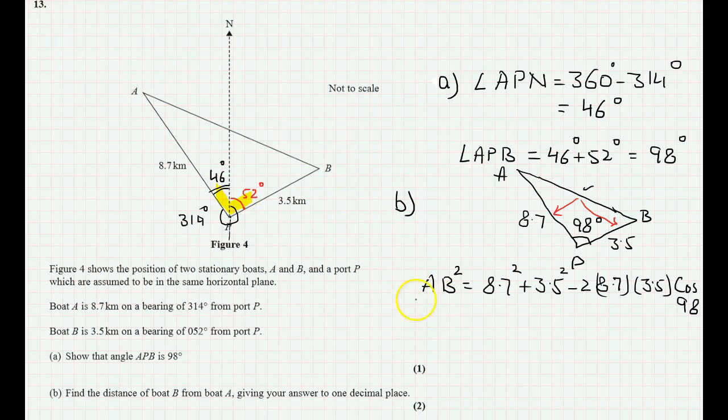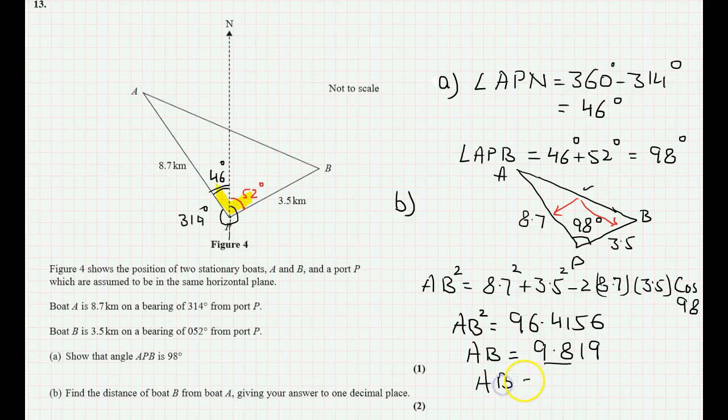So AB squared is 96.4156. So AB will be 9.819, but we have to write one decimal place, so our AB is equal to 9.8 to one decimal place.